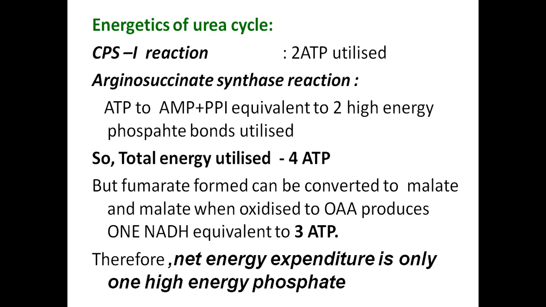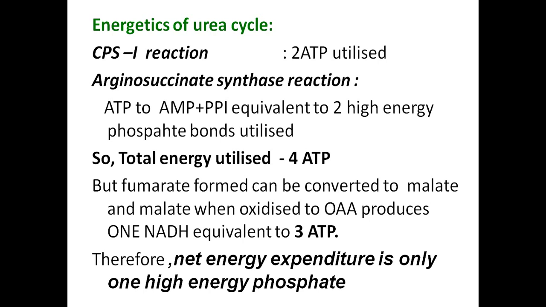This urea cycle is interconnected with the TCA cycle by fumarate, which is formed in the urea cycle and goes to the TCA cycle, where it is converted to malate, and when malate gets oxidized to oxaloacetate, it involves the formation of NADH2. One NADH2 molecule is equivalent to 3 ATP molecules.